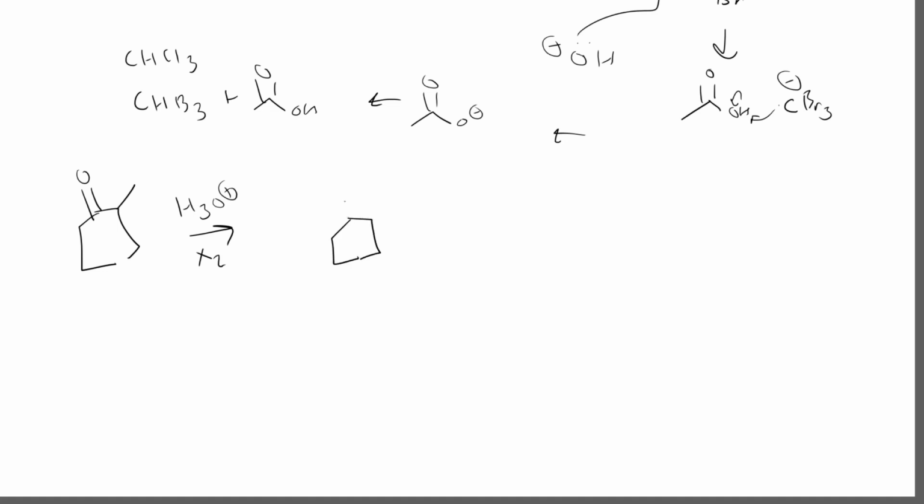And one of them being this one right here, or the other one being, we're going to form the alkene over on this side. Right, because we could either deprotonate this alpha carbon or this alpha carbon.